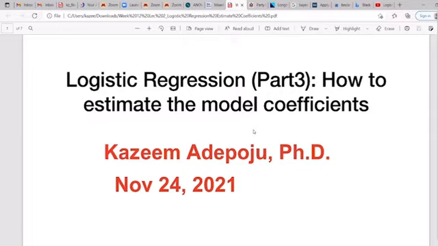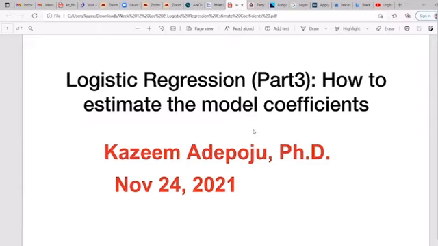But the essence of today's lecture is just to explain what goes on behind the scenes. I'm going to say that again. The essence of today's lecture is just to unravel the mystery behind the scenes on what statistical method was actually used in estimating parameters of the logistic regression model.